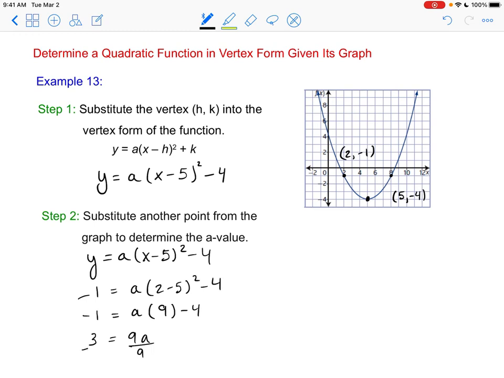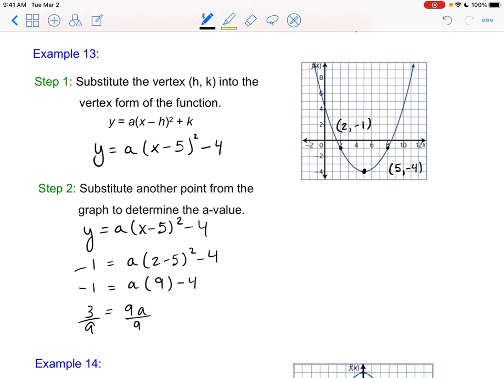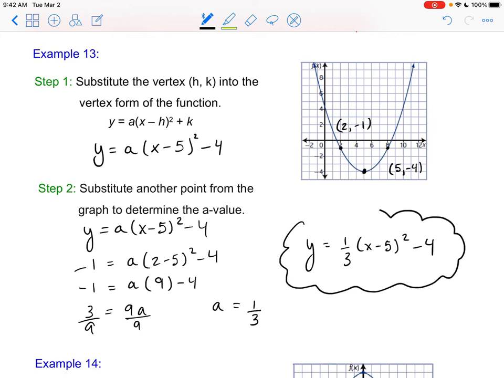We'll divide by 9, and that'll give us a is equal to 1/3, which gives us a final answer of y is equal to 1/3 times (x minus 5) squared, all minus 4. So there's your equation of that quadratic.